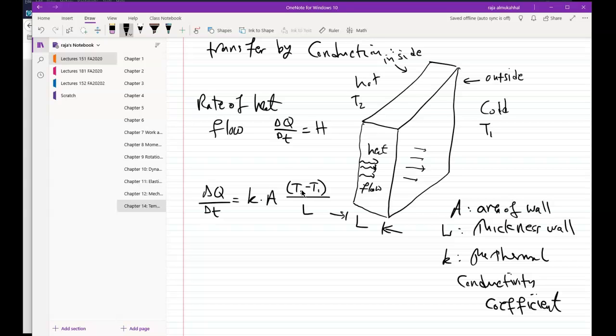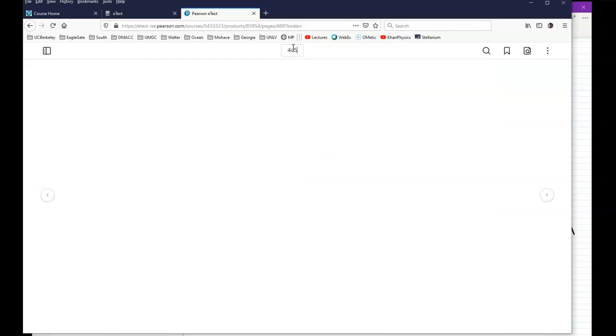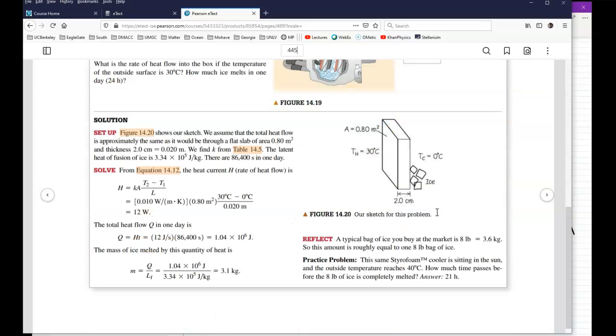Again, we have another table for that. We have a lot of tables in this chapter. Let me show it to you very quickly, on page 45. Here's a good example that you want to read. I'm using a different example.